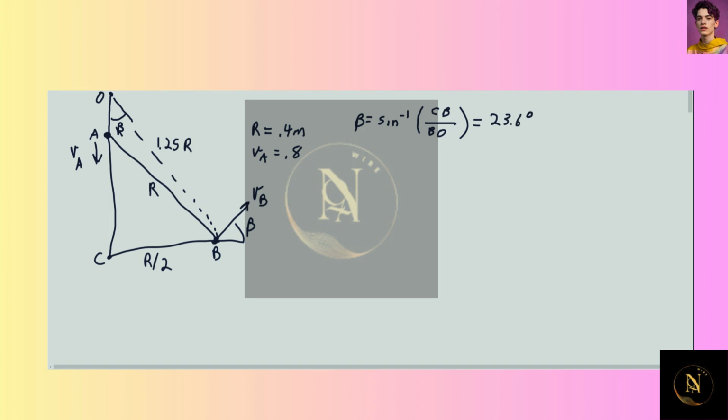So next, we can write down a formula for the velocity of B, such as VB times the cosine of this angle in the i hat direction plus the sine of this angle in the j hat direction.